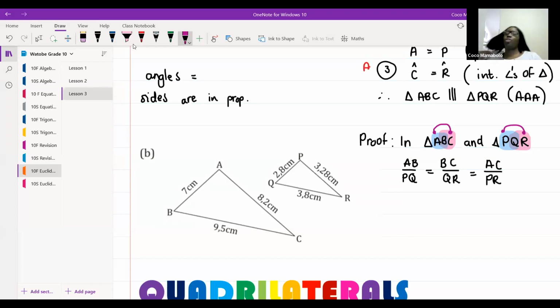But because we're proving this, we need to make sure that these sides that we're mentioning are actually correct. So I'm going to replace the sides with numbers. Peter says, can we use AC, PQ, and PR as hypotenuse?